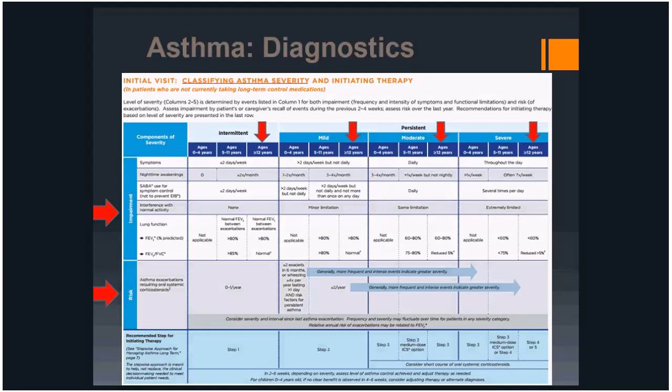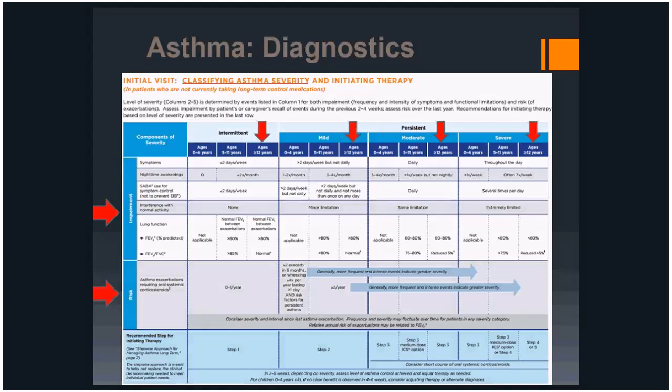And so you take that into account, and you're also looking at, in the last year, how often have they had an exacerbation, or how often have they had to be placed on steroids. And so once you determine where the majority of their findings are, that is where you would categorize them.